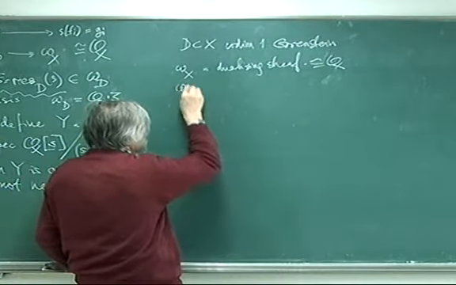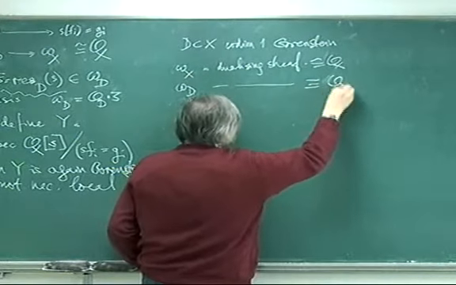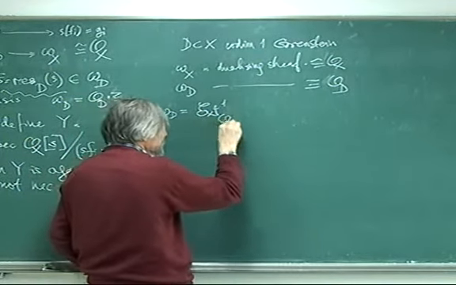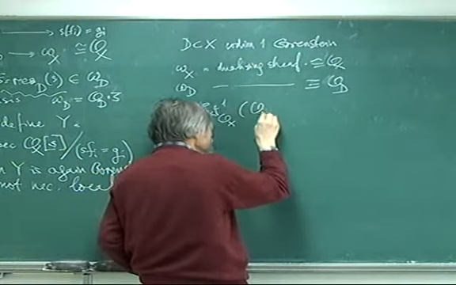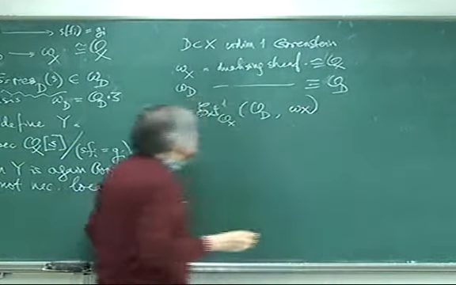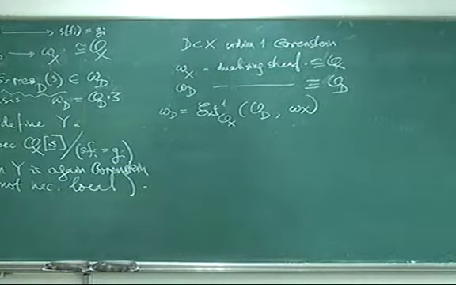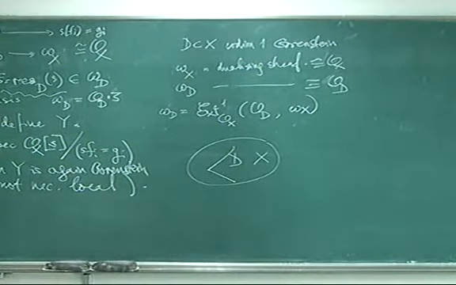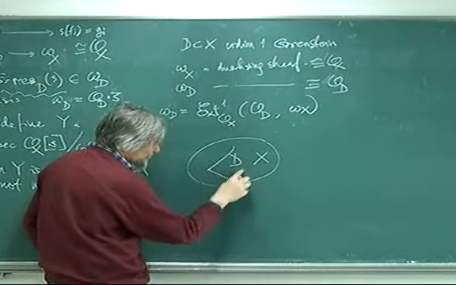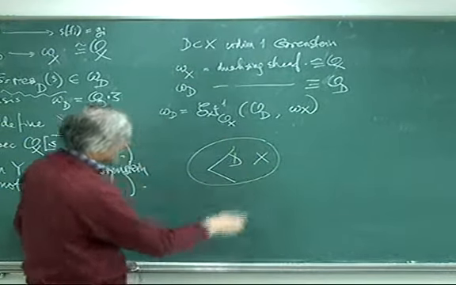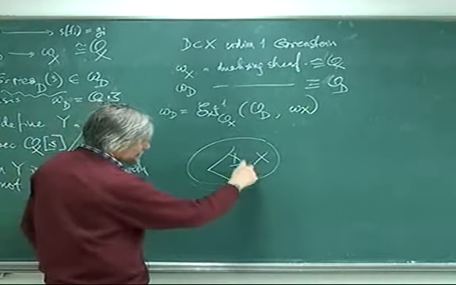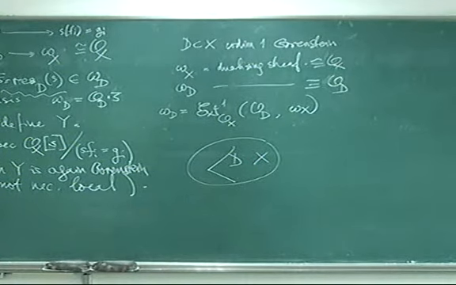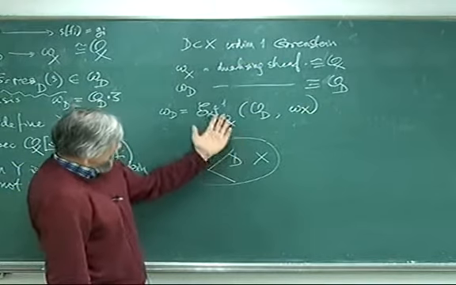And then omega D is Ext^1 of OD into omega X. So here's X, here is D inside X. I can consider sheaves on D as being a particular kind of sheaves on X. If I know everything about how to do duality for sheaves on X, then I must know already how to do duality for sheaves on D. The duality there is going to be some kind of Ext.